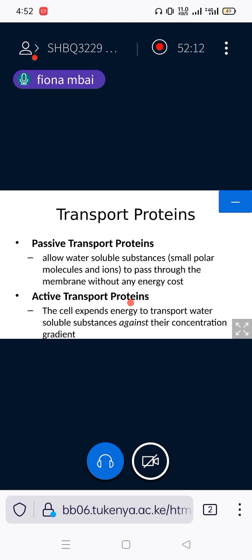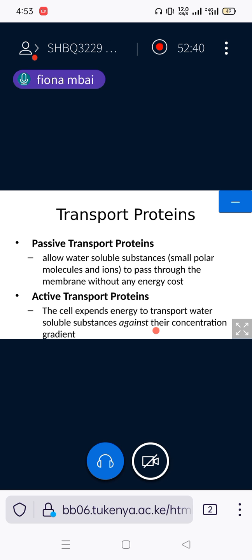Then you have active transport proteins, and the cell expends a lot of energy, in the form of ATP, or adenosine triphosphate, and this will transport water soluble substances against their concentration gradient. That means outside the cell is low concentration, inside the cell is high concentration.